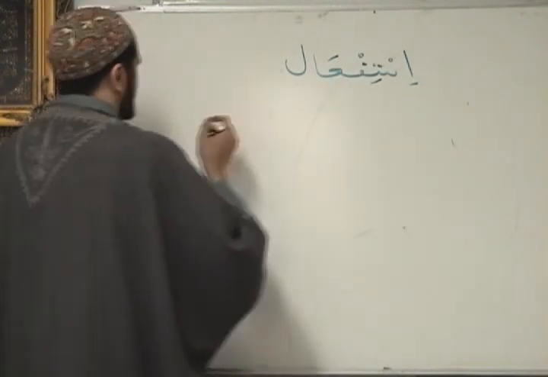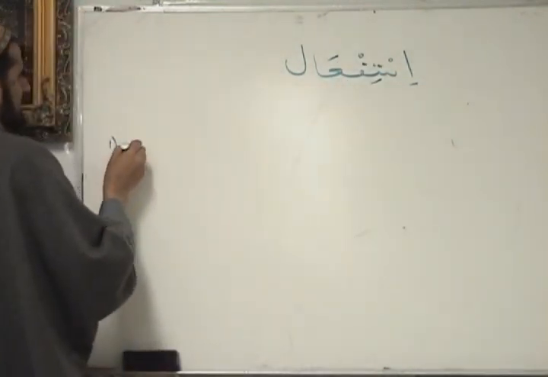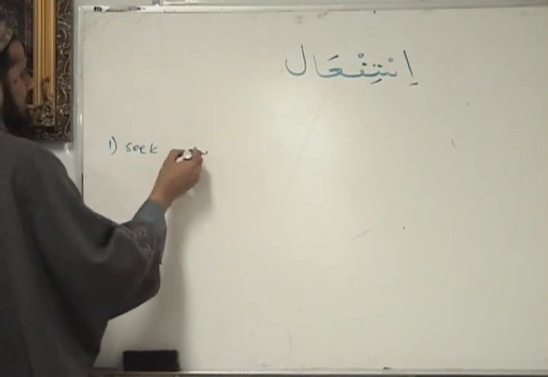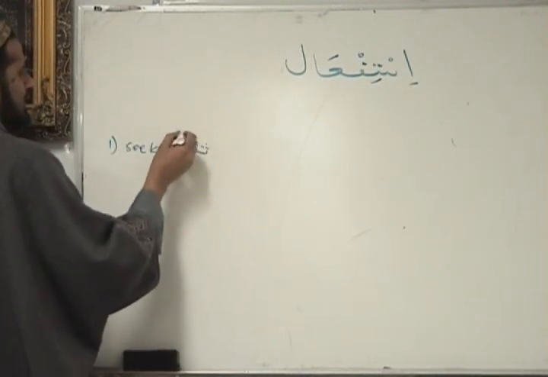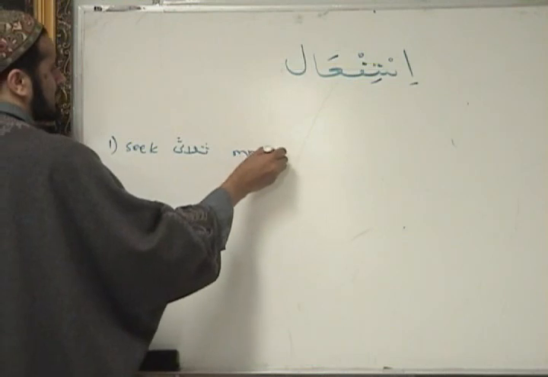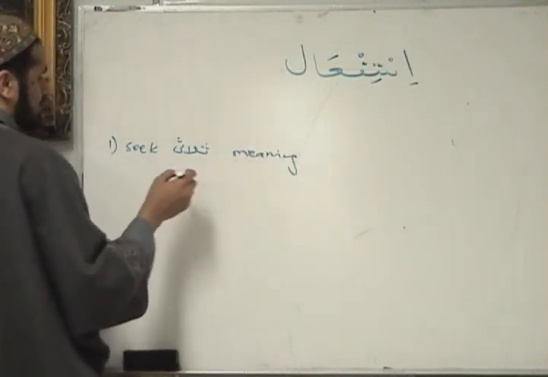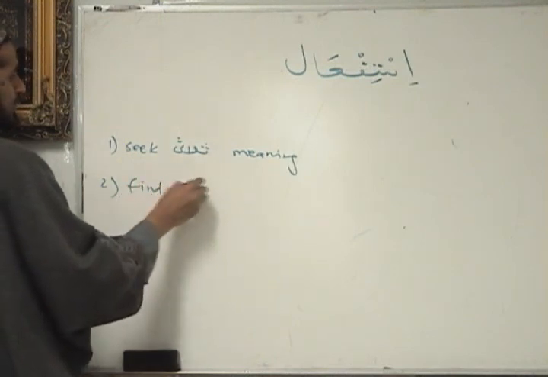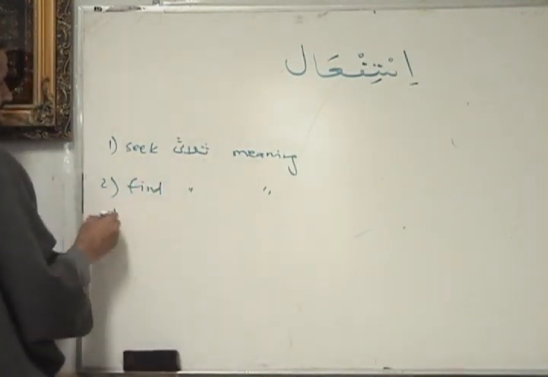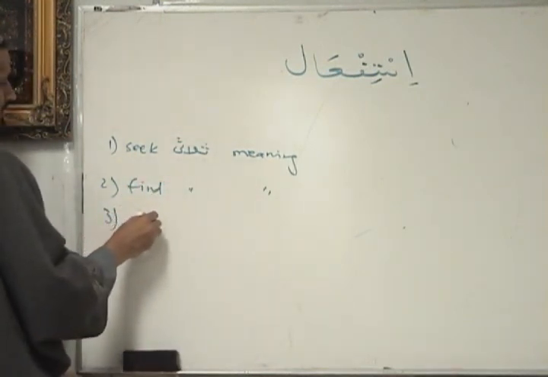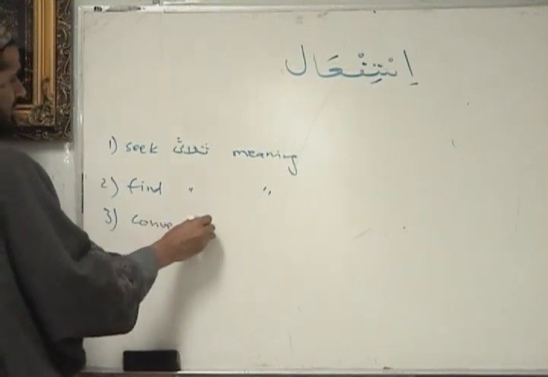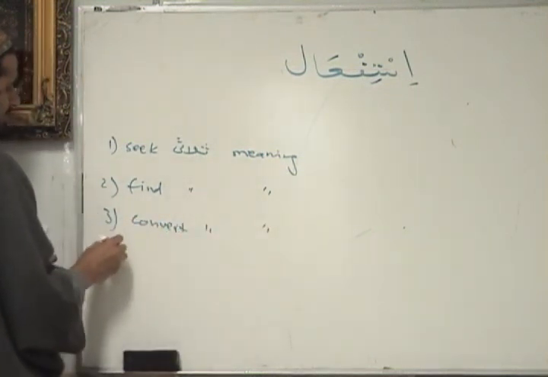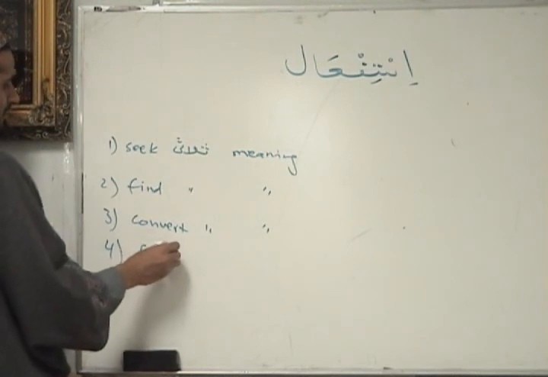To seek the thulathi meaning, find the thulathi meaning in something else. And lastly, to convert into thulathi meaning itself, and then for no reason, you can do it for no particular reason.